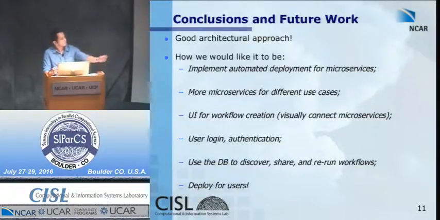The first is to implement automated deployment for microservices. I said before that we have different boxes for microservices, and one box can be used more than the other. The users could be accessing that box more. So we could have an automated deployment: if we see that this service is being used too much by too many users, it just automatically deploys another instance, so it's always available.